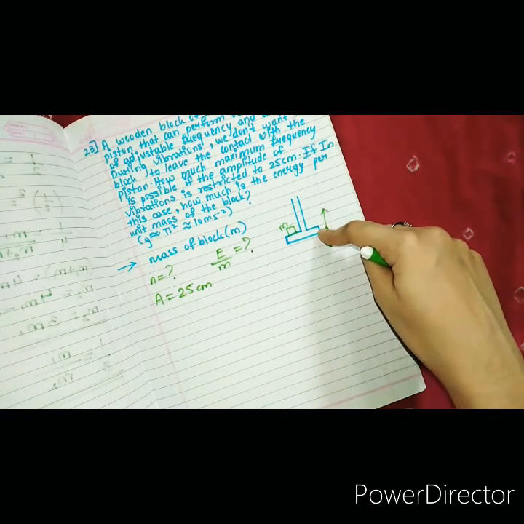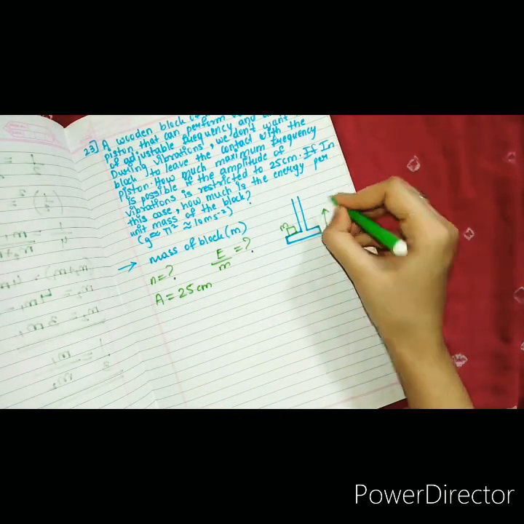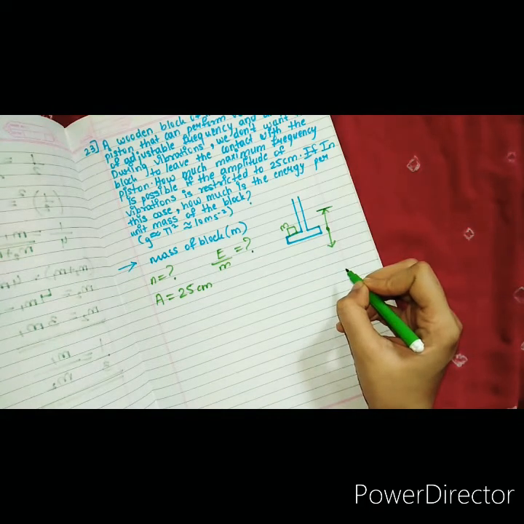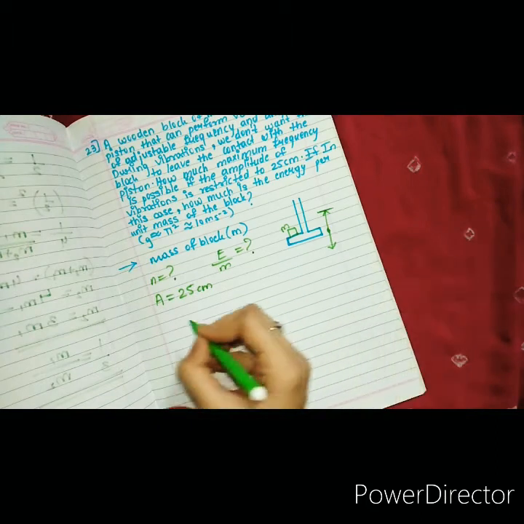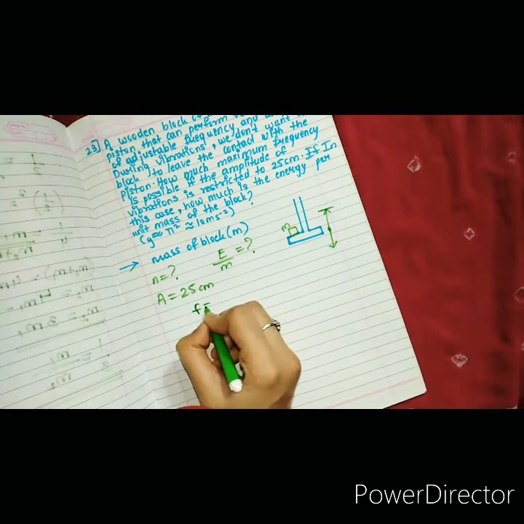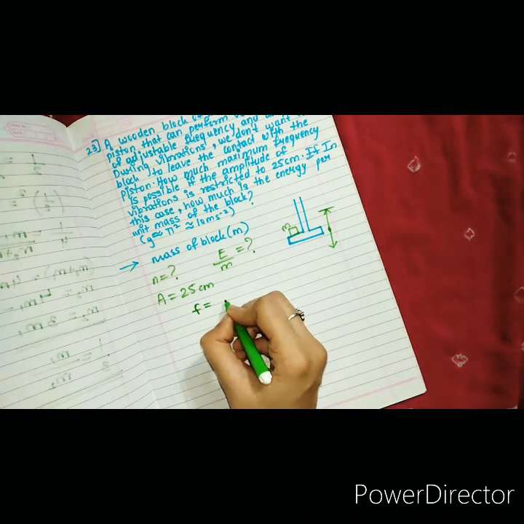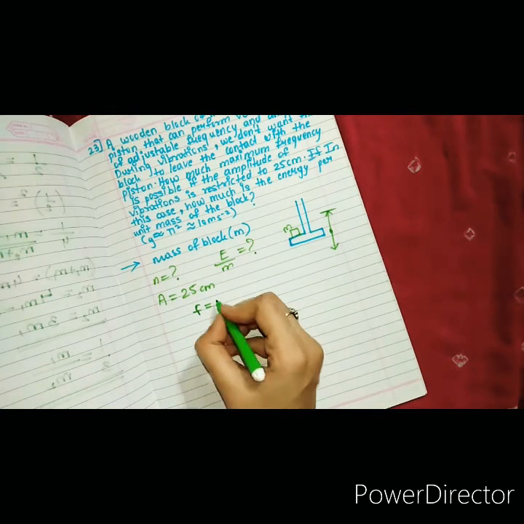which force will try to bring the piston, if the piston is at this position, at the highest position, which force will be trying to bring the piston to its equilibrium position? Restoring force. Okay, so restoring force is given by the formula F is equal to kx. We'll consider the magnitude of the restoring force, no negative sign.